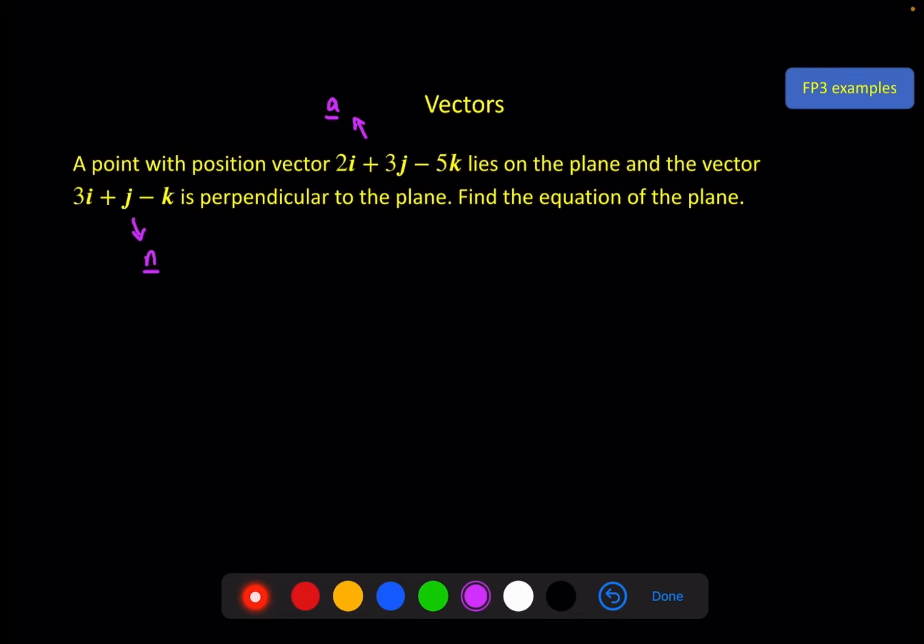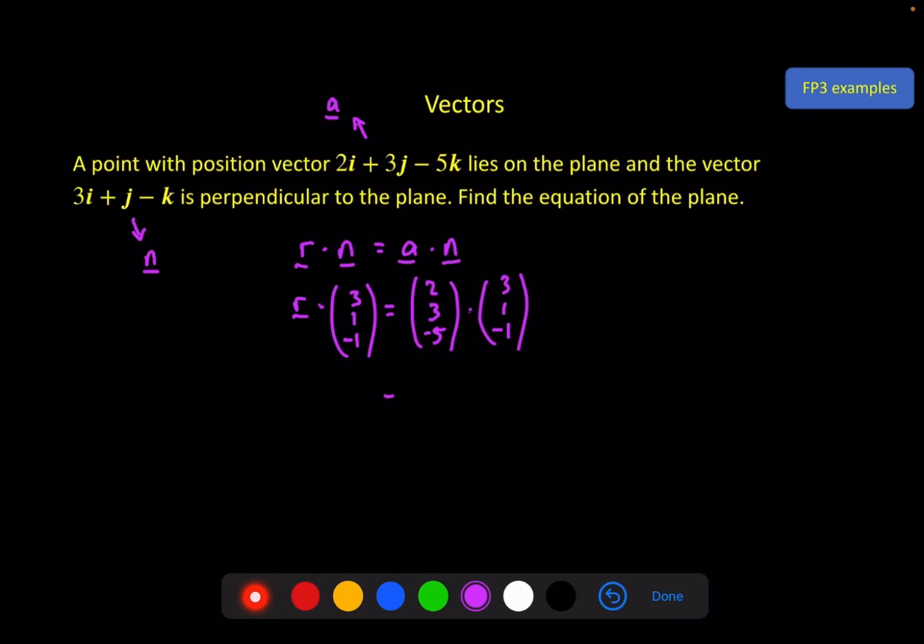So we've got r dot n is equal to a dot n, and all we need to do is put these straight in. r dot (3, 1, -1) is equal to (2, 3, -5) dot (3, 1, -1).